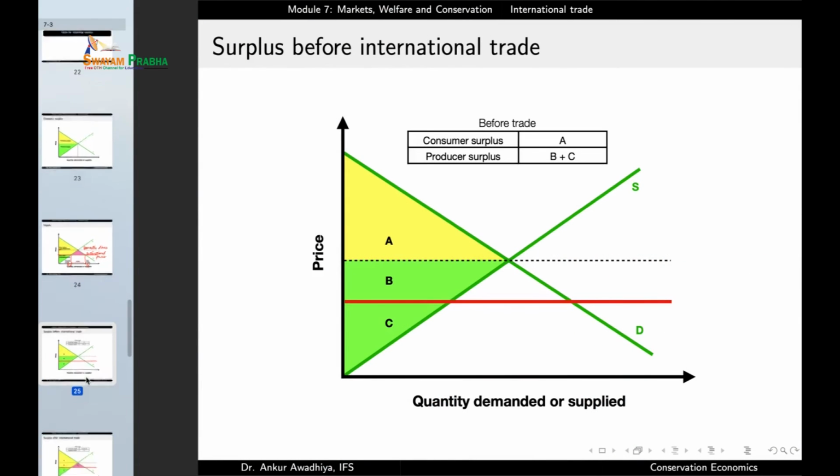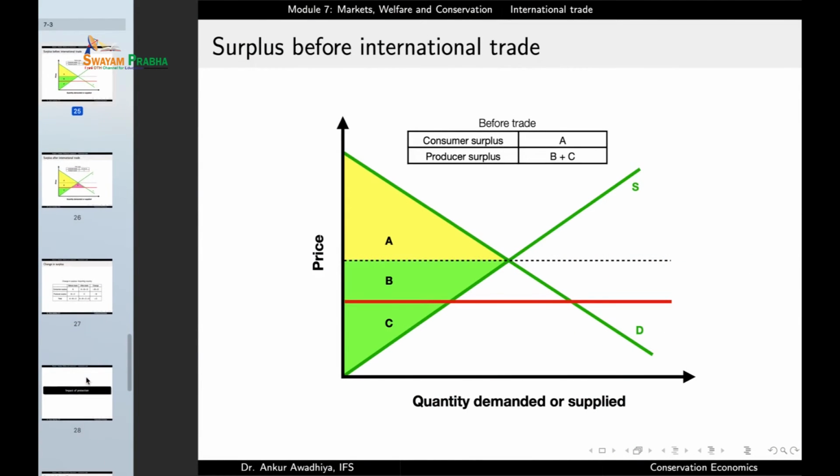Now, let us have a look at the change in the surplus. Before the international trade, we were having the consumer surplus and the producer surplus. Now, because we have this red international price line, we divide the producer surplus into B and C, and this is the consumer surplus. So the consumer surplus before trade was A, and the producer surplus was B plus C. Now, what happens to the surplus after the international trade?